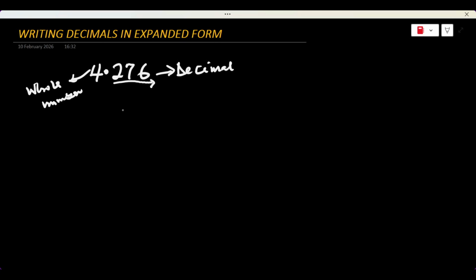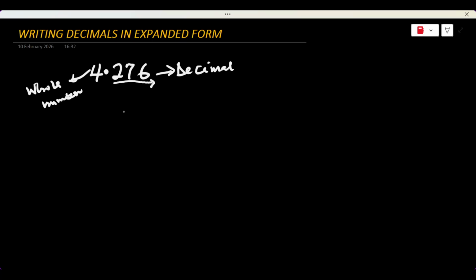And when it comes to writing decimals in expanded form, we need to understand the place values of the various digits. And in knowing that, you have to understand the value of that number in that particular position.